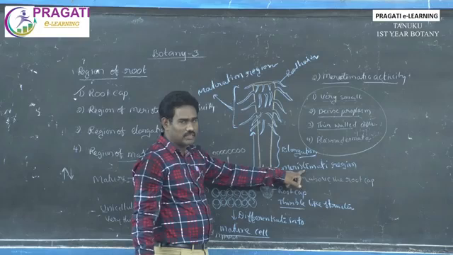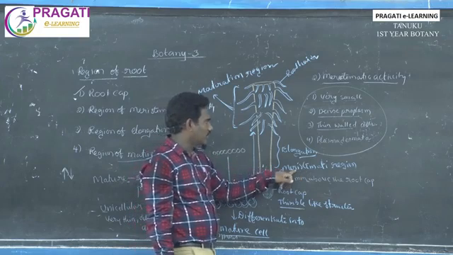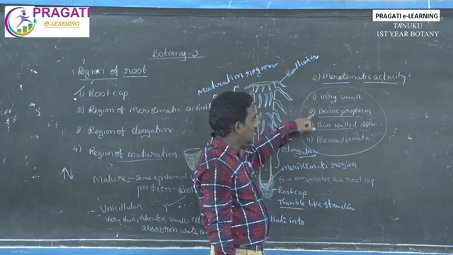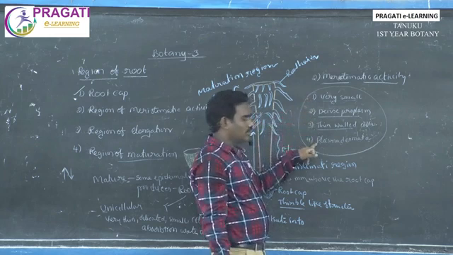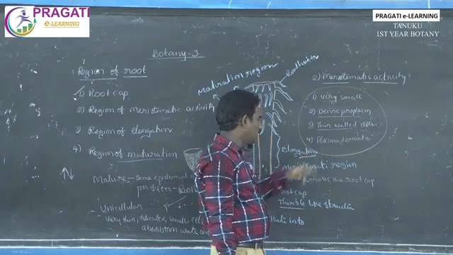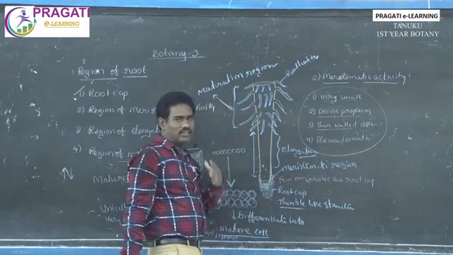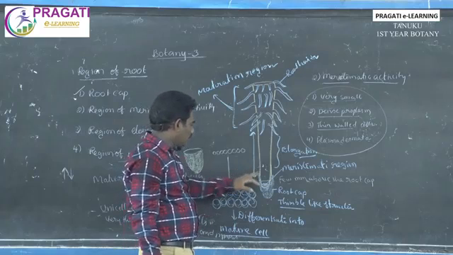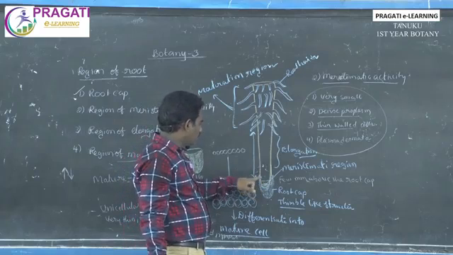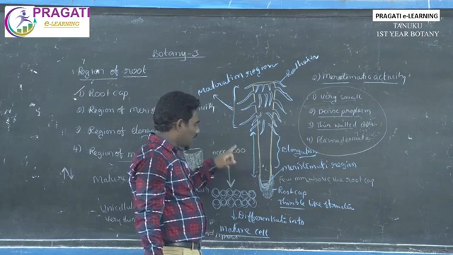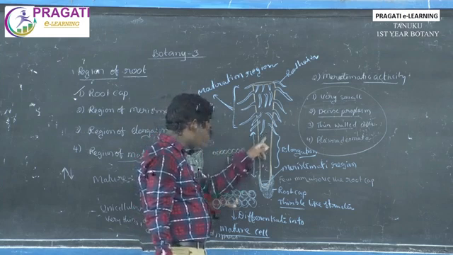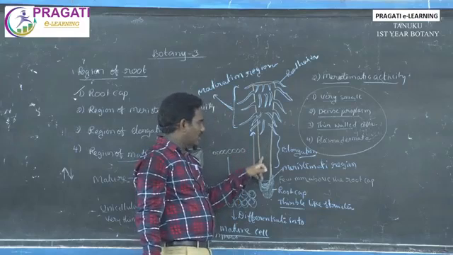These cells are very small, with dense protoplasm, thin walls, and high plasmodesmata connections. They continuously divide. Next, these small cells enlarge to maximum size, which increases the root length.